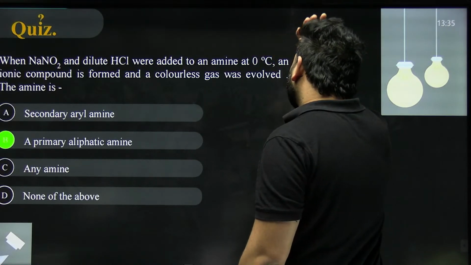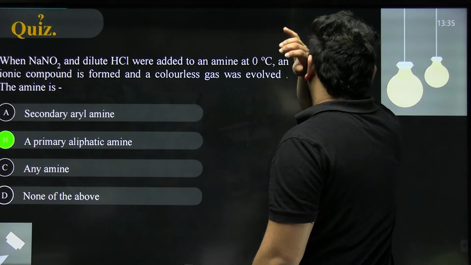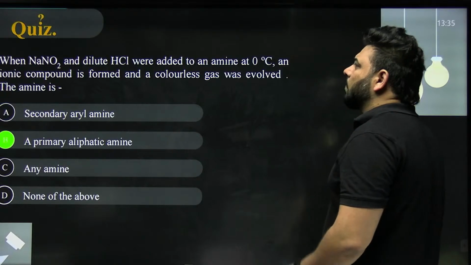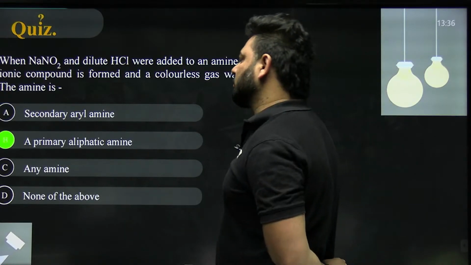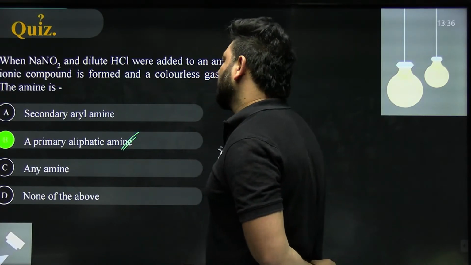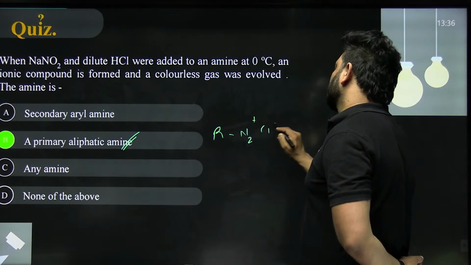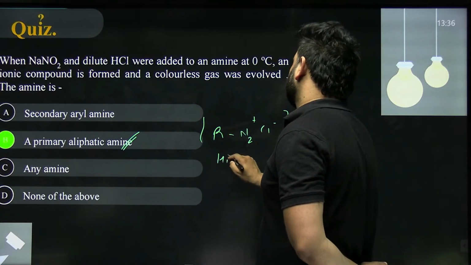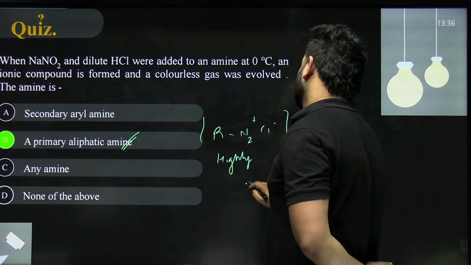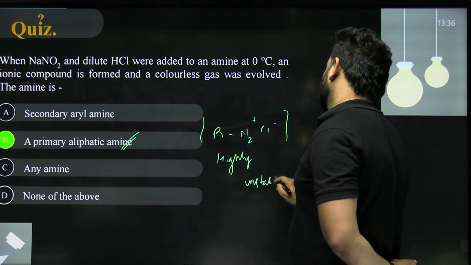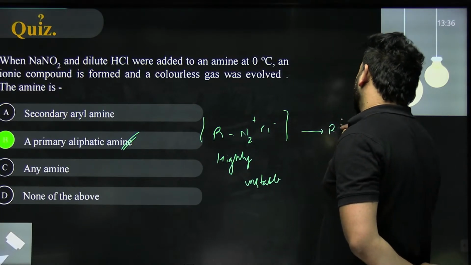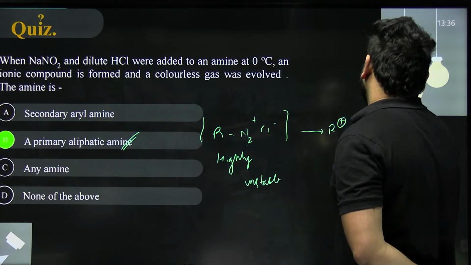Aryl amine we cannot use there, right? Only 1 degree amine can undergo this reaction, and for 1 degree aliphatic amine, RN2 plus Cl minus is highly unstable. It gives R plus, N2 plus Cl minus.